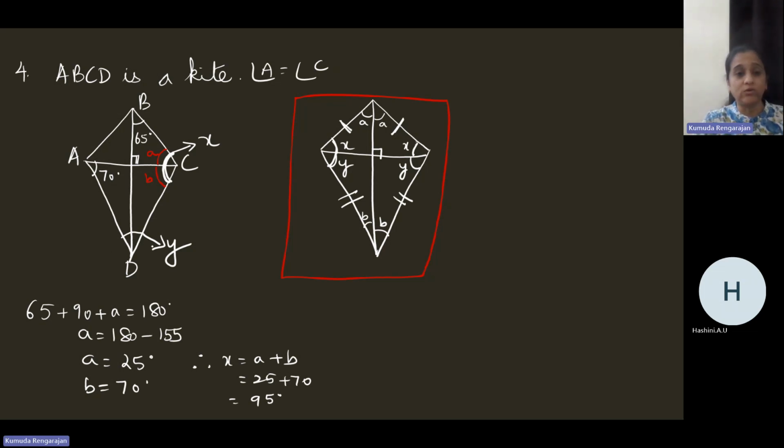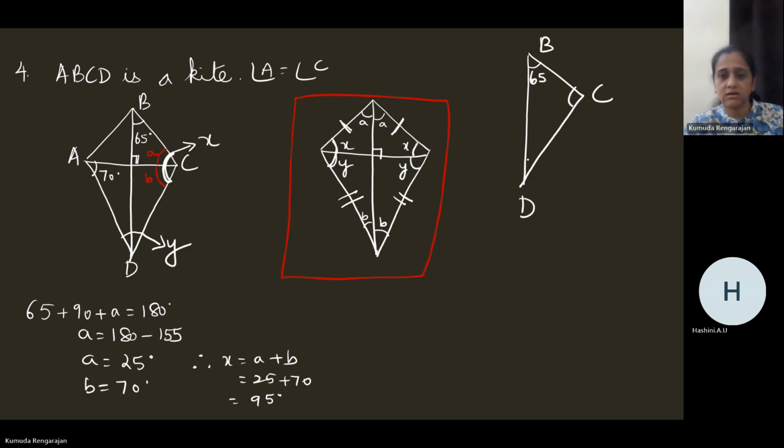And then we have to find Y. In this triangle, what do you have here? 65. What do you have here? X. How much is X? 95. This is B, C, D. So this is 65 and this is X, which is 95, so you can find this one.